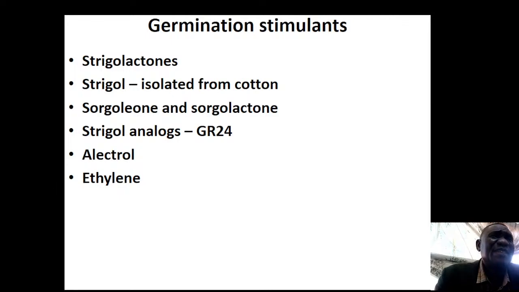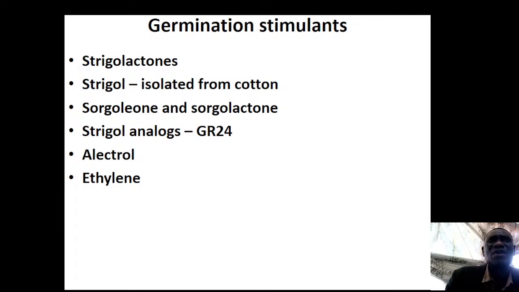So these are the germination stimulants. In fact, there are quite several. We call them strigolactones. One example is strigol, which was isolated from cotton, although cotton doesn't really support the parasite. Sorgolion and sorgolactone, I think these are from sorghums. And scientists have actually produced artificial strigol analogs.